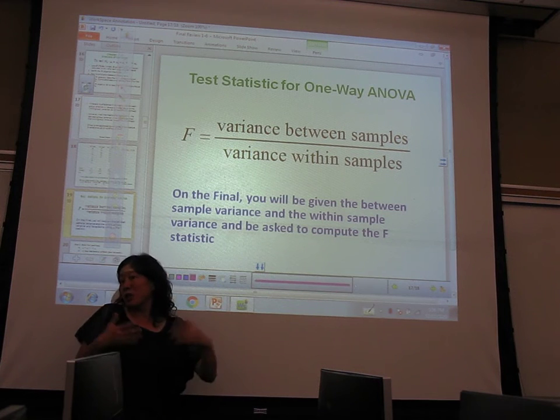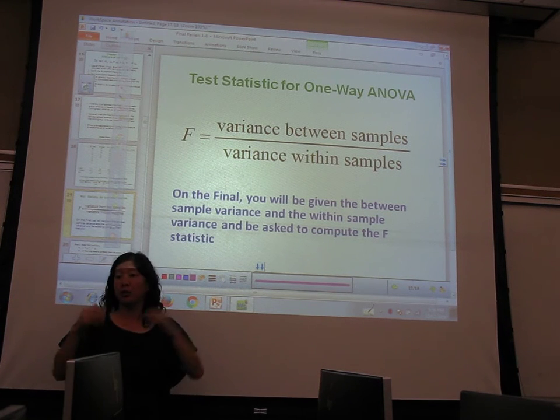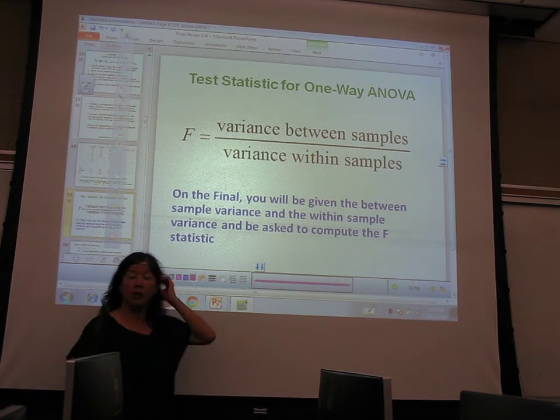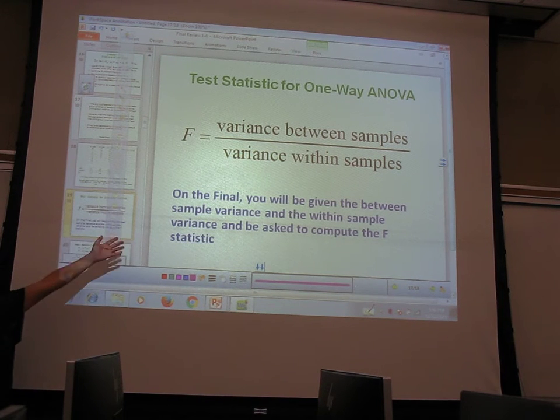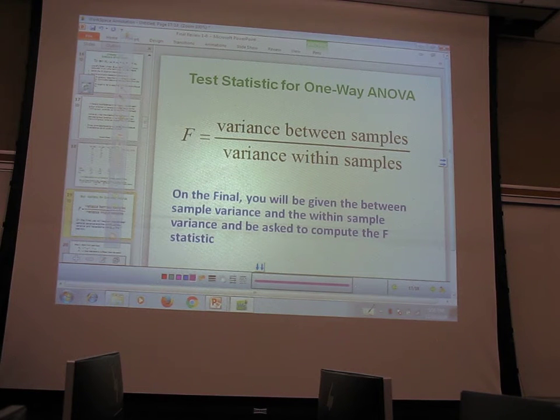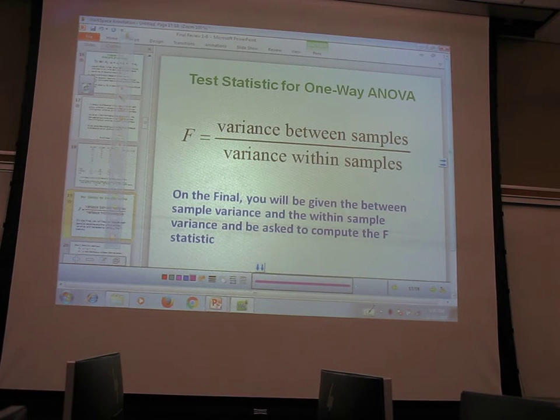If the F statistic is really big, that means the between is a lot more. I will give you the between sample variance and the within sample variance and ask you to compute F. It should be straightforward, because you should realize that's where that comes from.